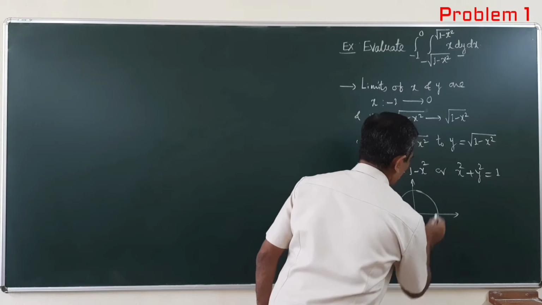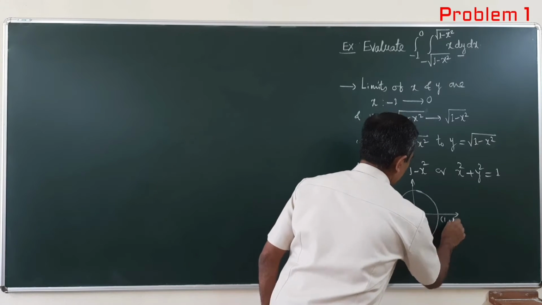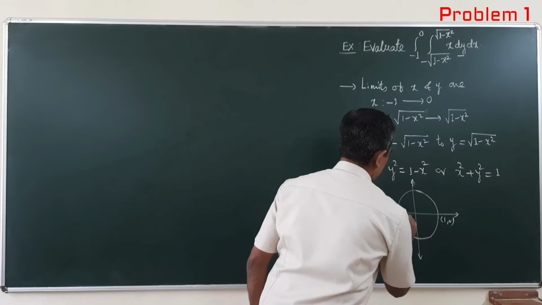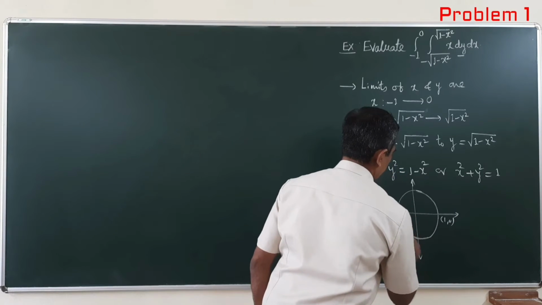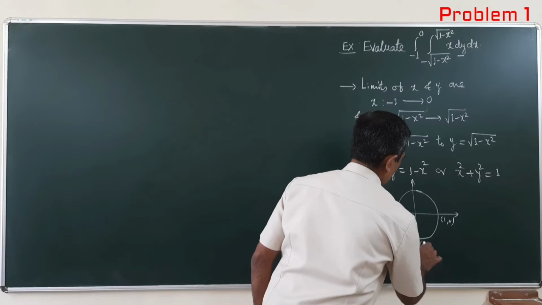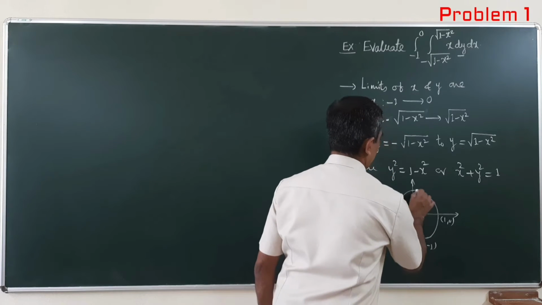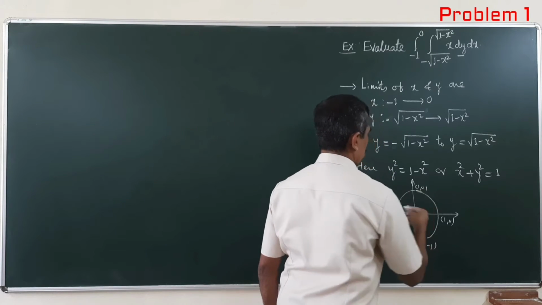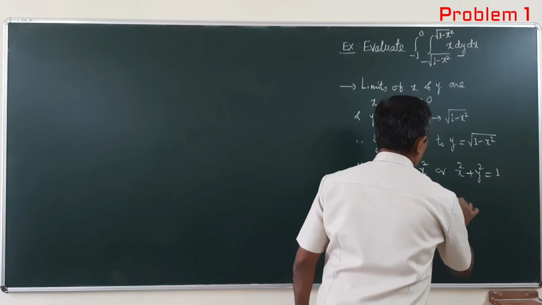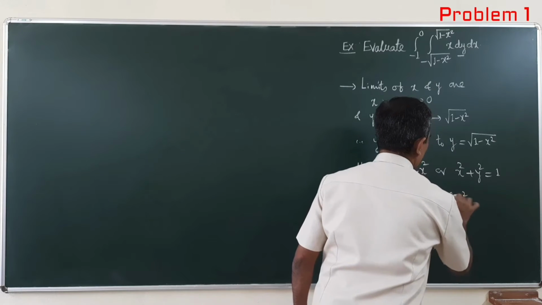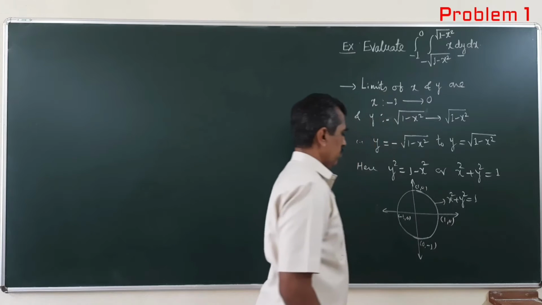Suppose this is radius 1, so here will be (1, 0), this will be (-1, 0), this will be (0, -1), and (0, 1) at the top. So this is the circle x² + y² = 1.